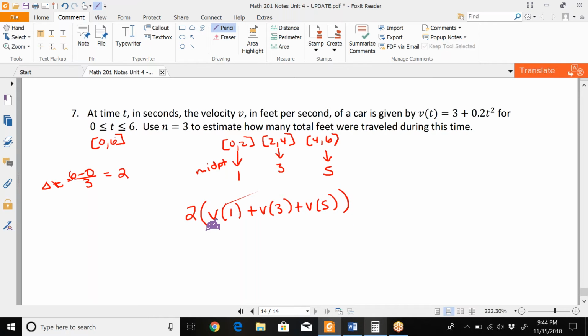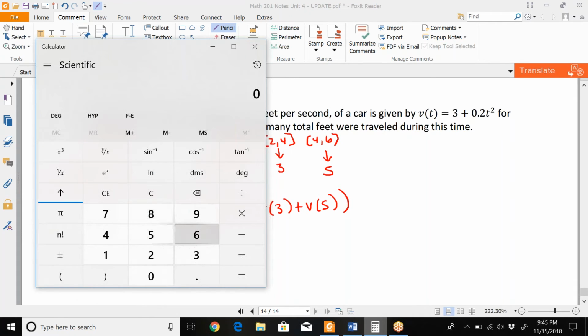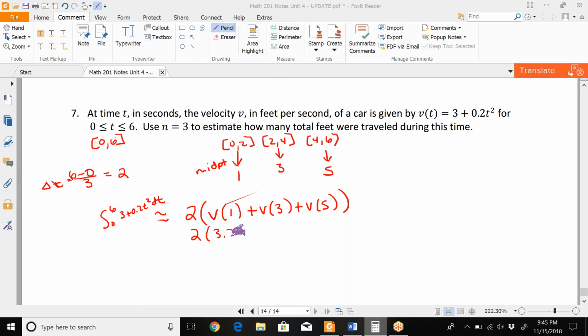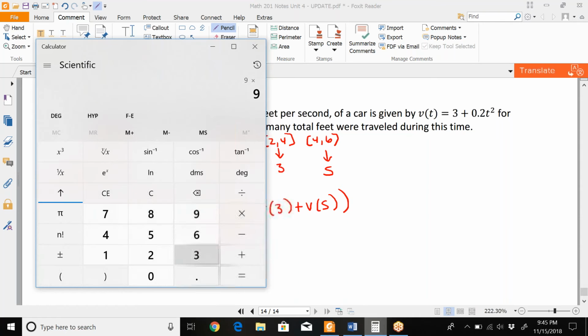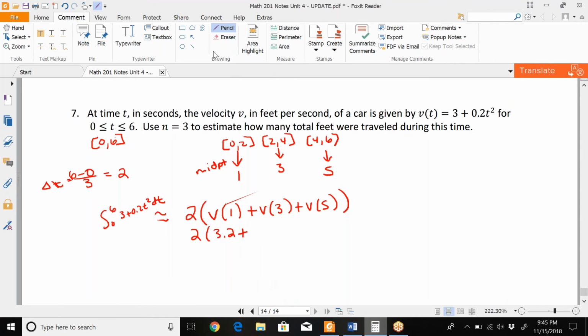Get this one done. All right, so I need to plug in 1. And remember, this is approximately equal to the integral from 0 to 6 of 3 plus 0.2 t squared dt. Okay, so put a 1 into the function. That would be 1 squared, so that's just going to be 0.2 plus 3, so that's 3.2. 3 squared would be 9, so I'm putting it in the function, times the 0.2 plus 3, so that's 4.8.